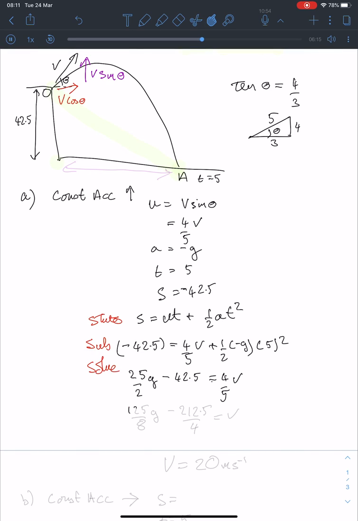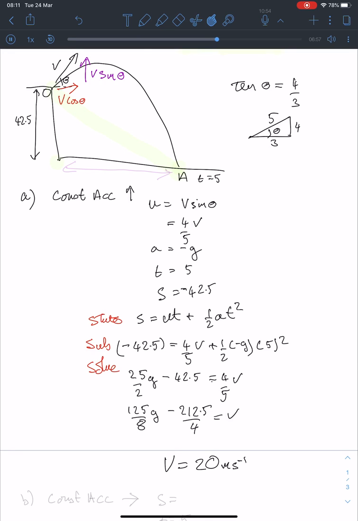So we get 125 over 8 g minus 42.5 times 5 is 212.5. 212.5 over 4 equals v. And I'm trusting that when we chuck that in the calculator, v comes out to be 20. You can check it. Let me know if I've made a mistake.